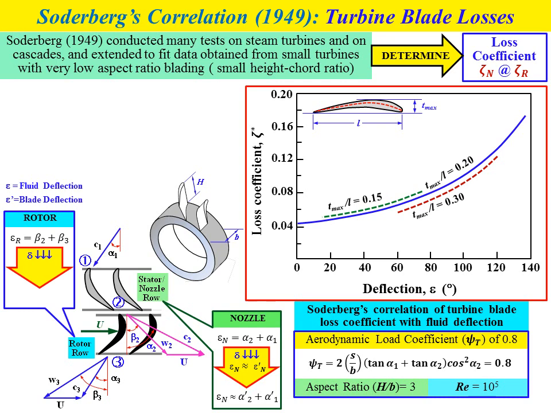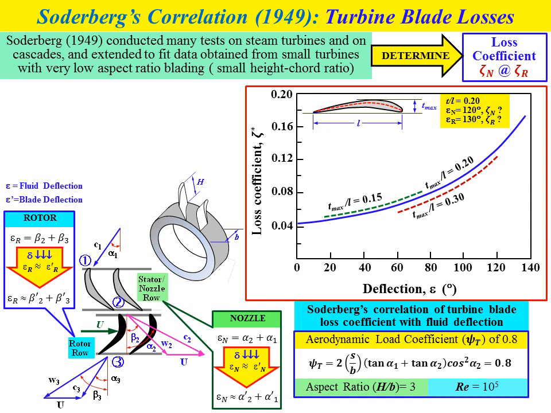However, if the condition obtains a very small deviation angle, the flow deflection angle for the rotor will be equal to the blade deflection angle of the rotor. So the flow deflection angle for the rotor will be equal to beta 2 prime, the relative blade angle at the inlet of the rotor plus the relative blade angle at the outlet of the rotor.